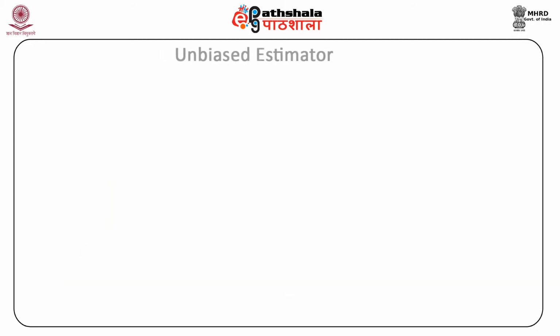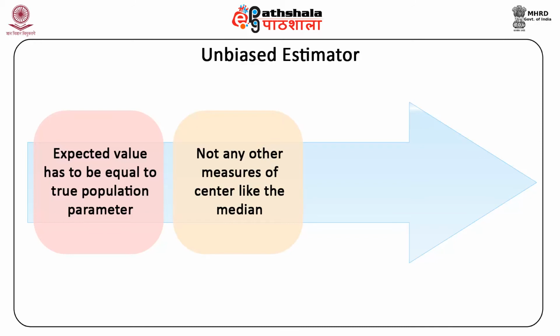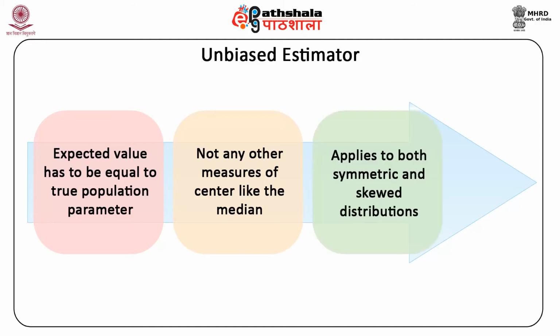An important point to be noted in this definition is that the expected value, or the mean or average, has to be equal to the true population parameter and not any other measure of the center like the median.